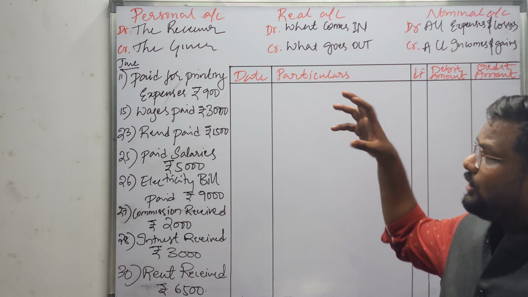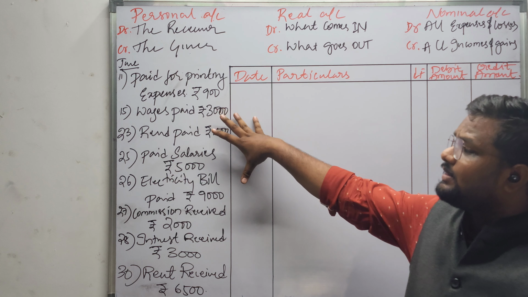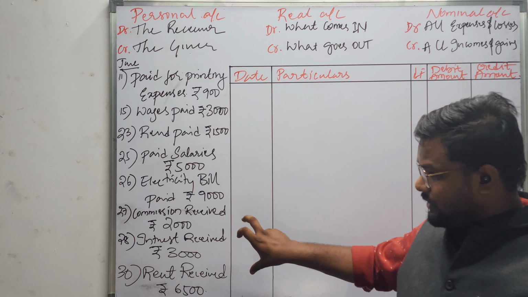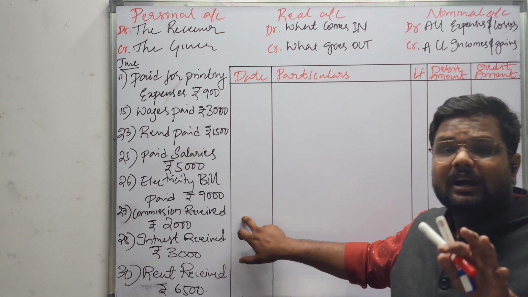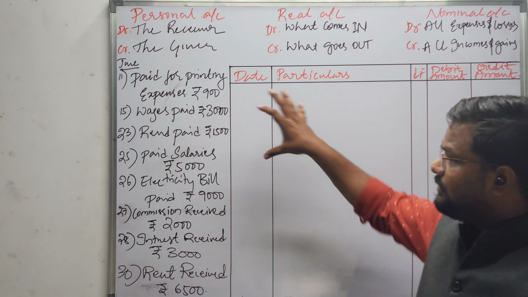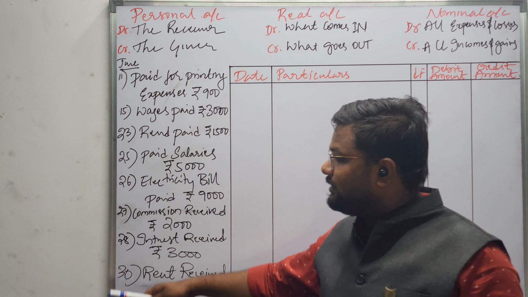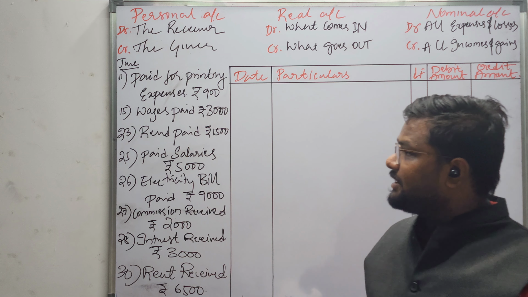So now we will be recording how to record the expenses, and I also have some transactions regarding the incomes. So first we will see how to record the expenses. In the month of June I have these dates, and these are the transactions.